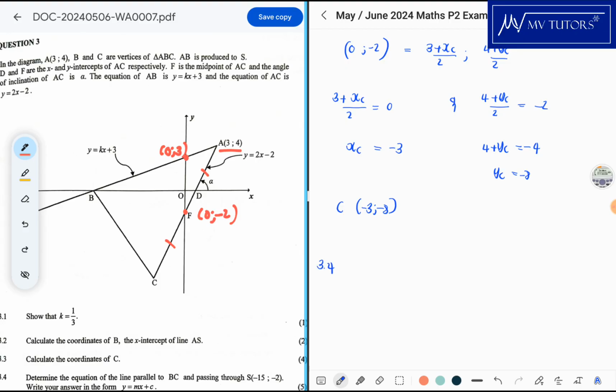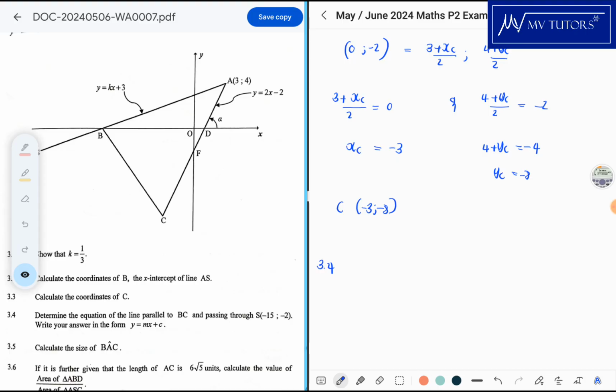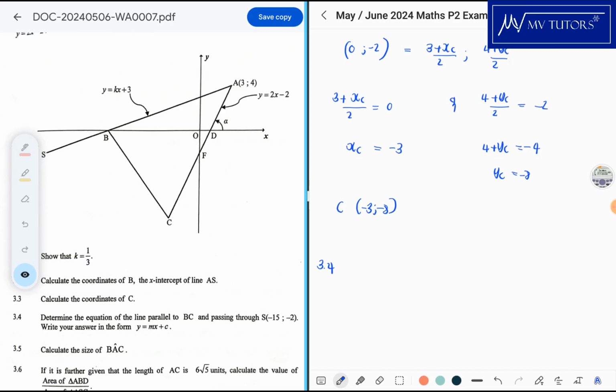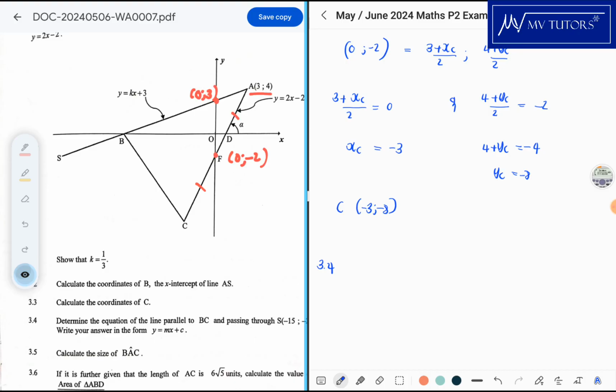Okay. And now moving along, 3.4, determine the equation of the line parallel to BC and passing through S. Write your answer in the form y is equal to mx plus c. So if you want an equation of a line, we need the gradient first and foremost, and we also need a point.